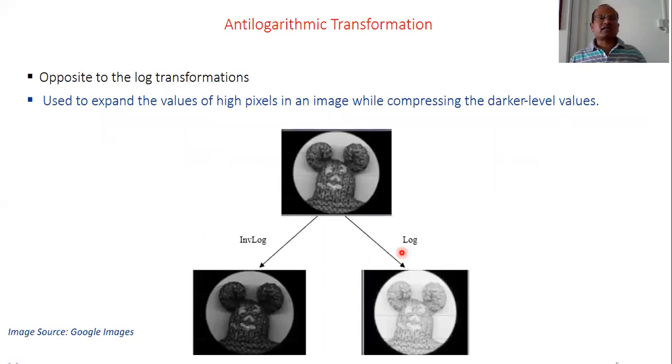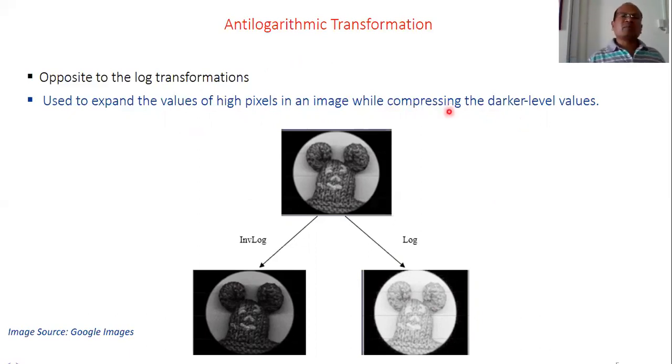Anti-log is the inverse of the logarithm transformation, and it is used to expand the values of high pixels and compress the dark level pixels. Just opposite. In logarithm, we have seen that the transformation expands dark pixels and compresses the higher values.